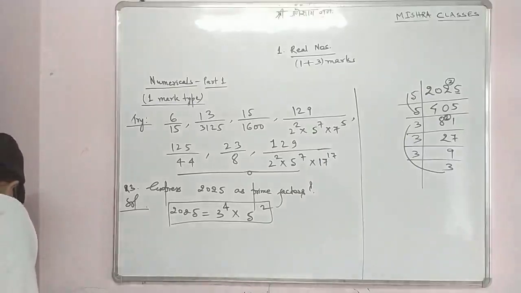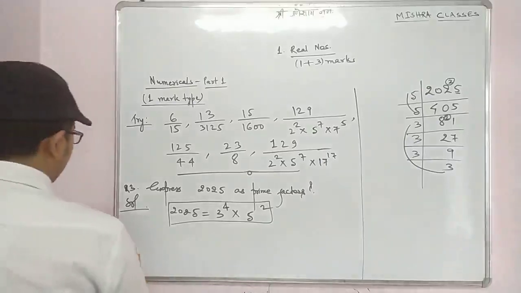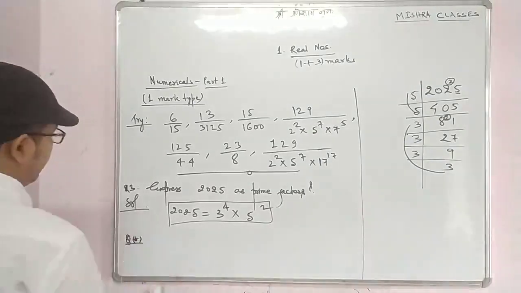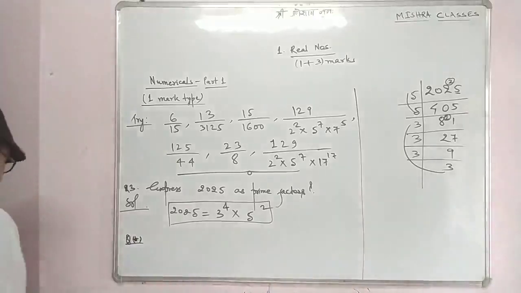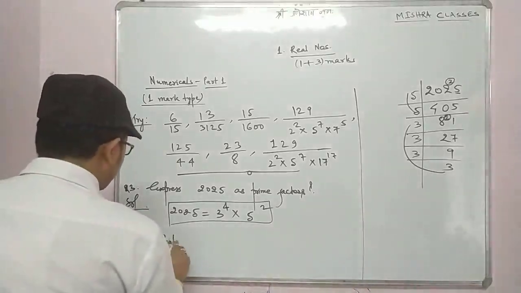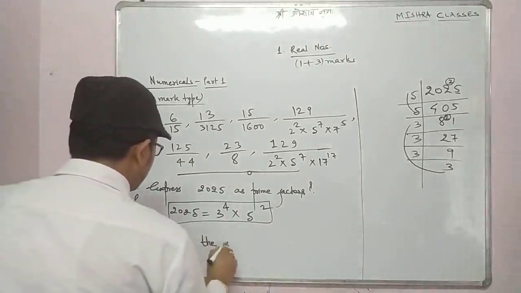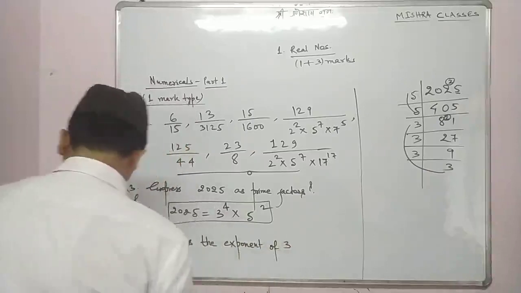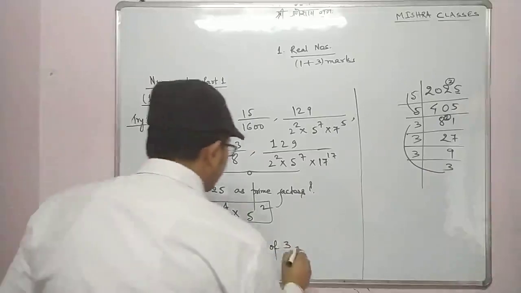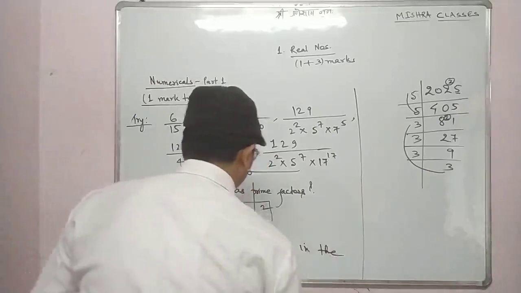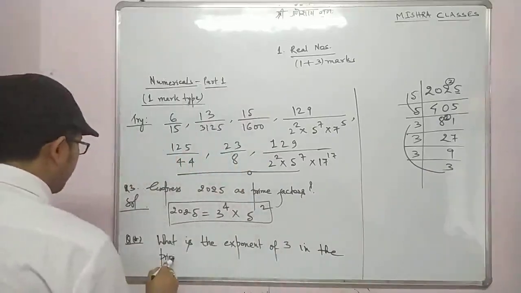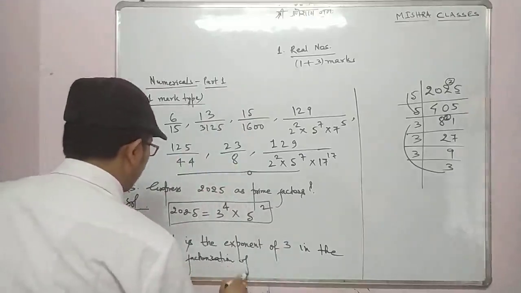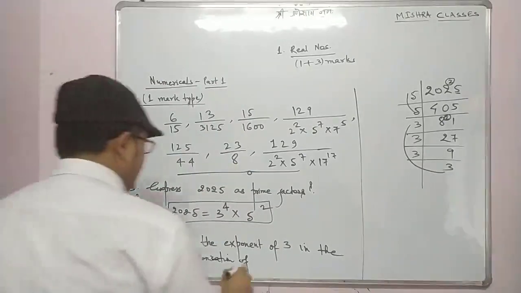Next we have a question. What is the exponent of 3 in the prime factorization of 729?